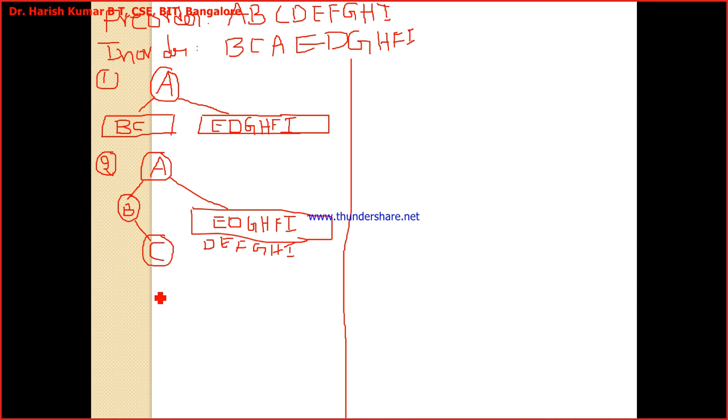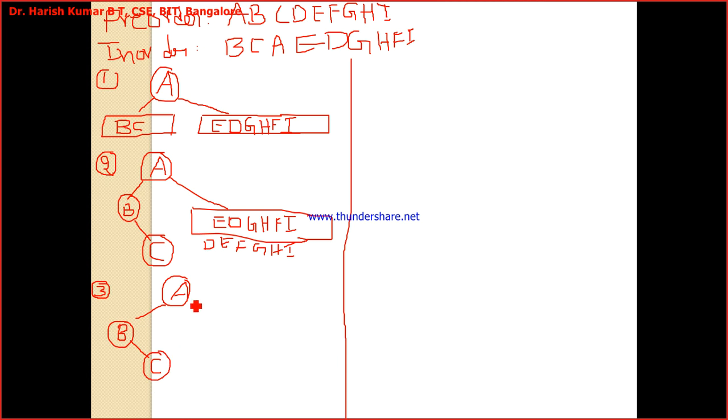So in the third step, A is my root node. The left child of this is B, and C is the right child.